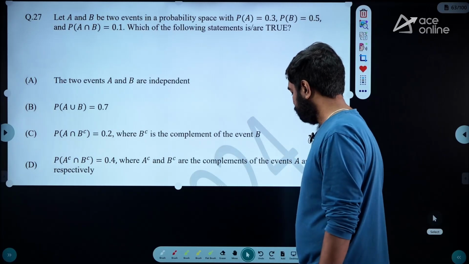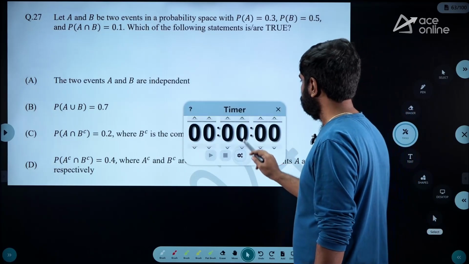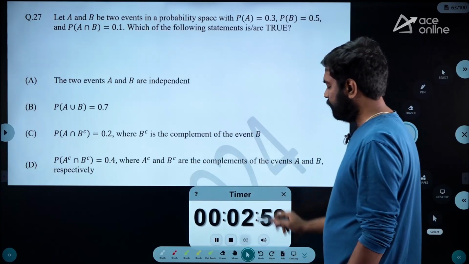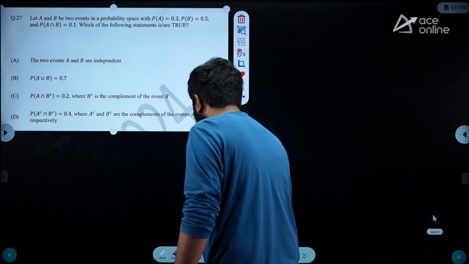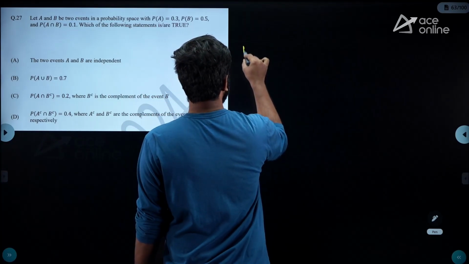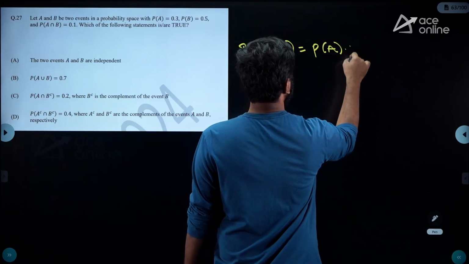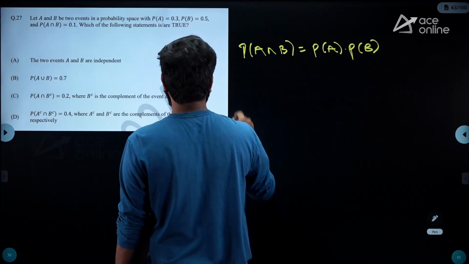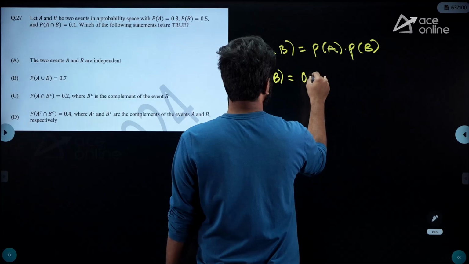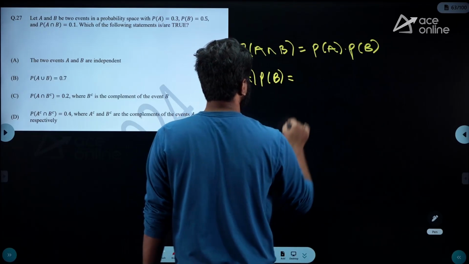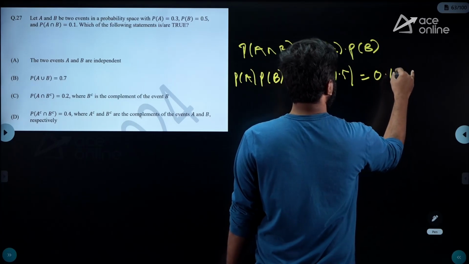I'll give you 2 minutes. I'm giving you 3 minutes, so please identify this. The majority answer is B and C. For independent events, you have to check whether P of A intersection B is equal to P of A into P of B. What is P of A into P of B? 0.3 into 0.5, which is 0.15, no?